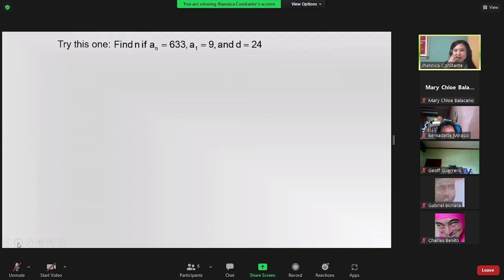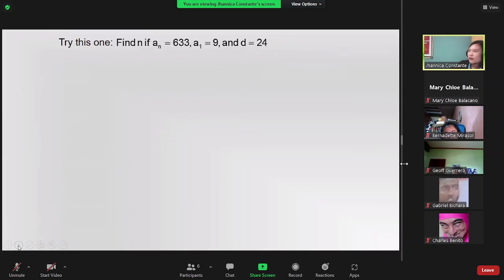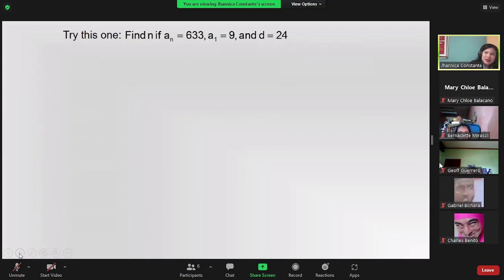So for example, we're going to find n. If an is equal to 633, and the first term is equal to 9, and d is equal to 24. So the same as what we had a while ago.